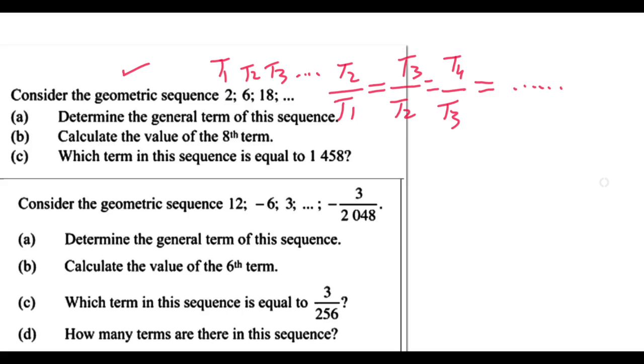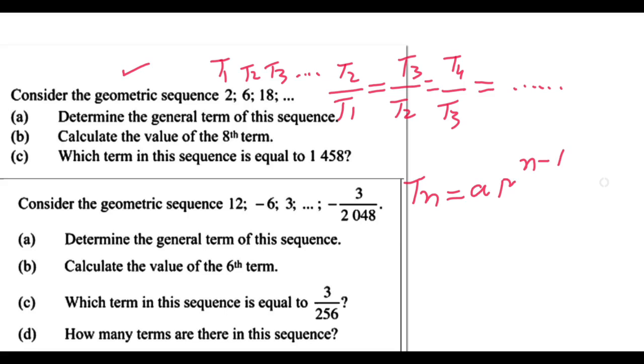In a geometric sequence, you must remember the formula. The general term of a geometric sequence is Tn equals A R to the power n minus 1.